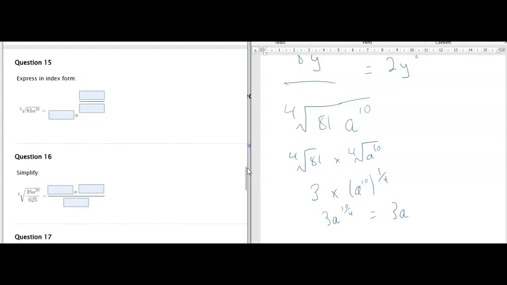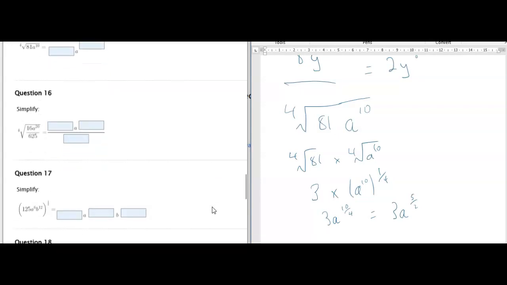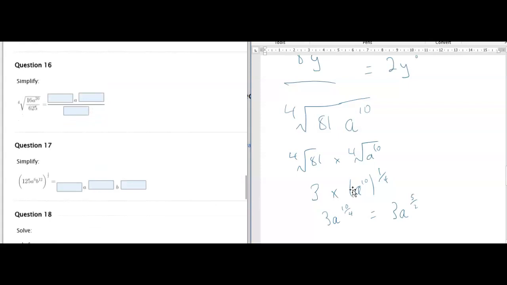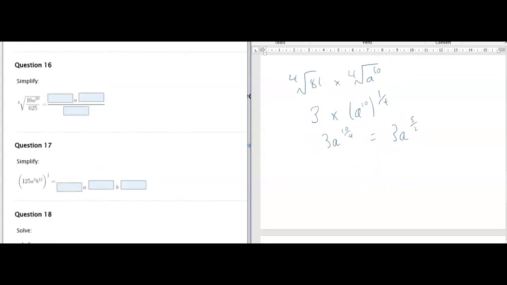So 10 over 4 is 5 over 2. Okay, so make sure you simplify that. If you did write 10 over 4, technically it's not wrong, but you should write your answer in simplest form. Okay, let's add another page in.